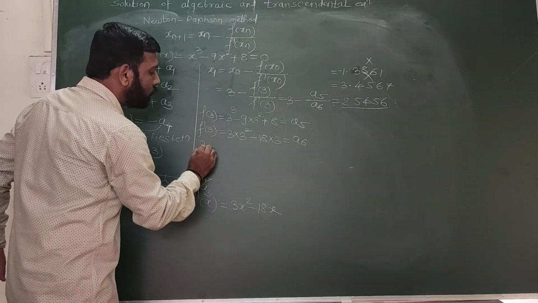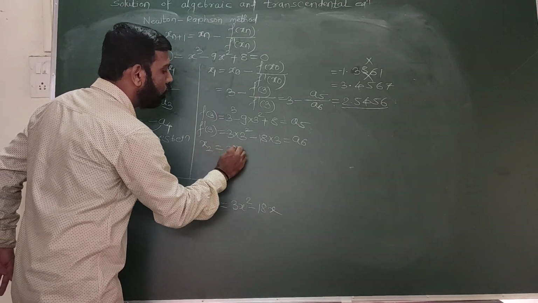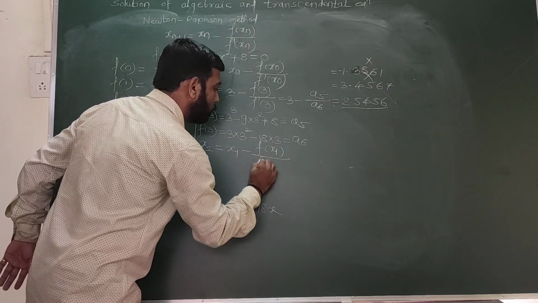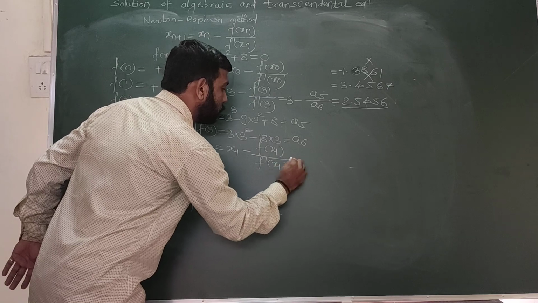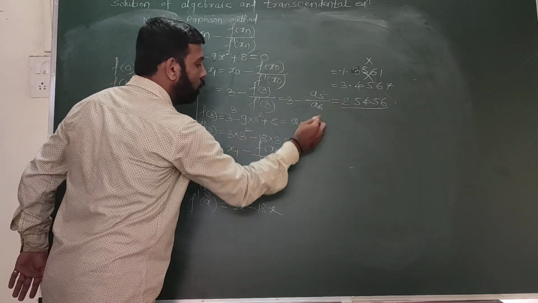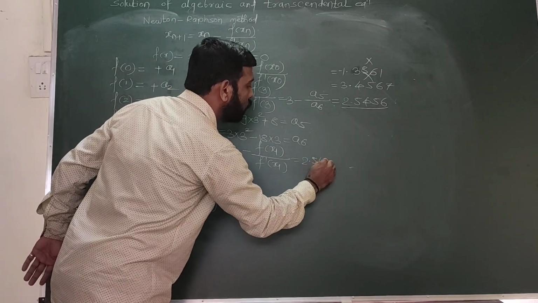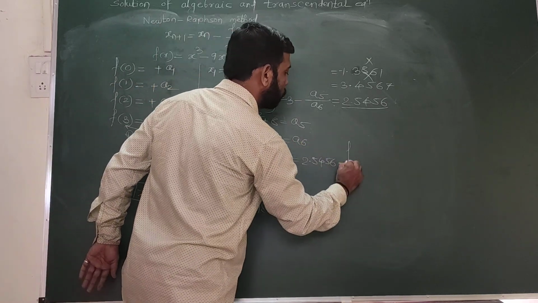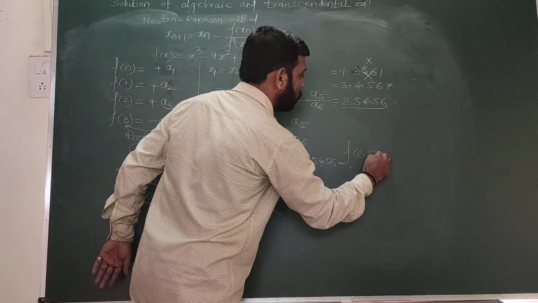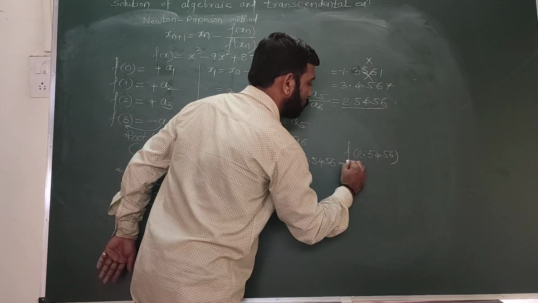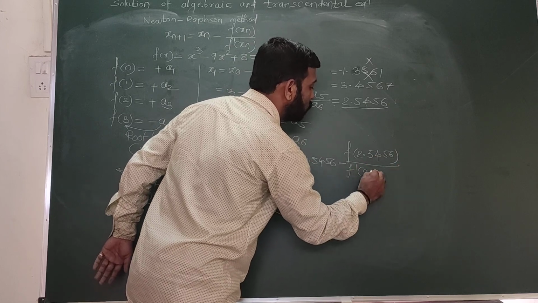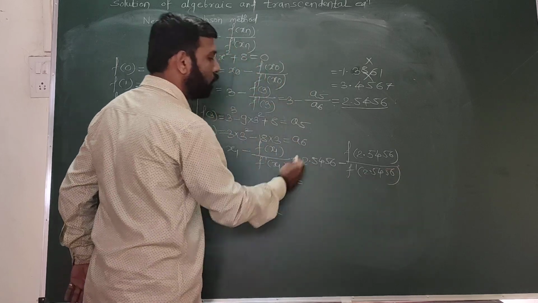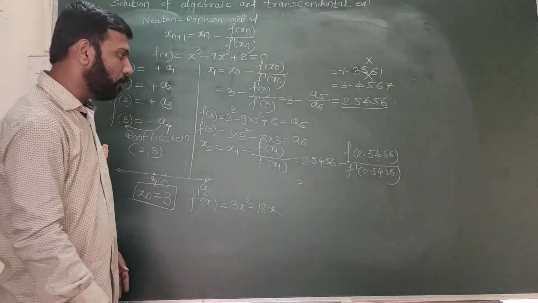Now this is our first approximation. Now we continue for the second. The x1 value which we have calculated, we substitute here: x2 = x1 - f of x1 upon f dash of the same value, and again that value must be in that interval.